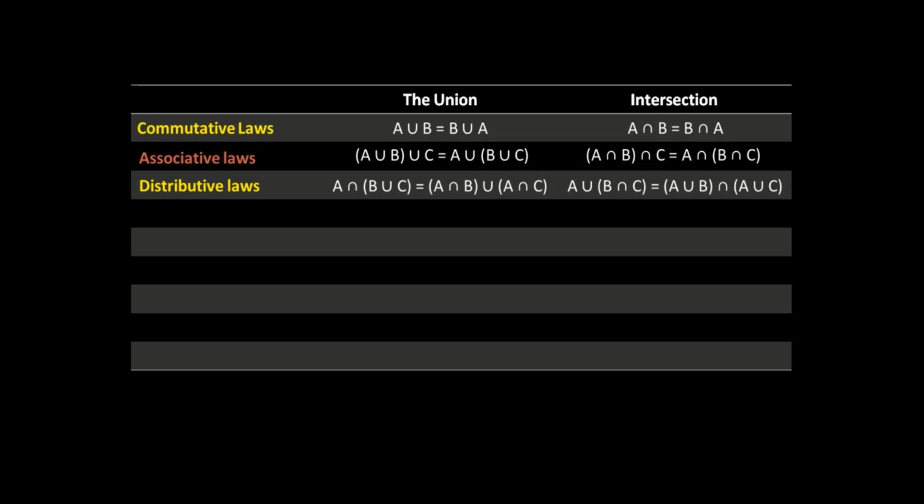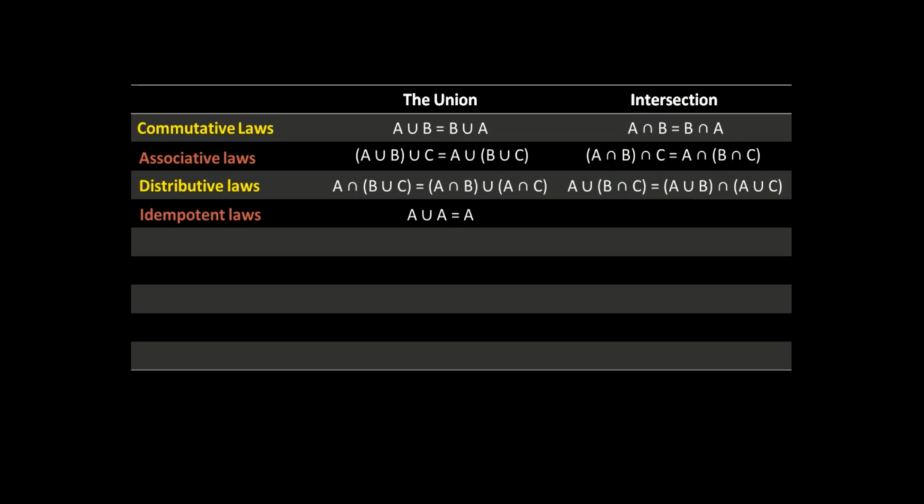You will see that A is distributed to B and C. That's why we have the intersection of the union of A and B and the union of A and C.